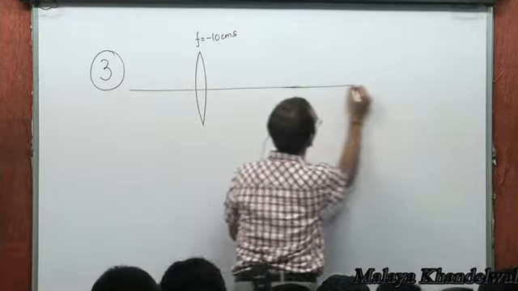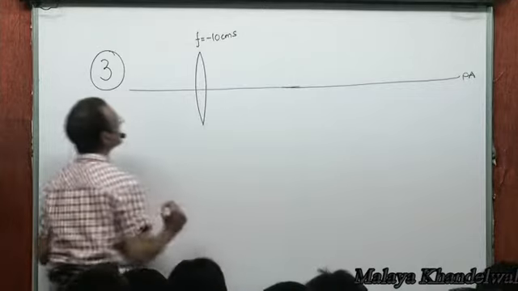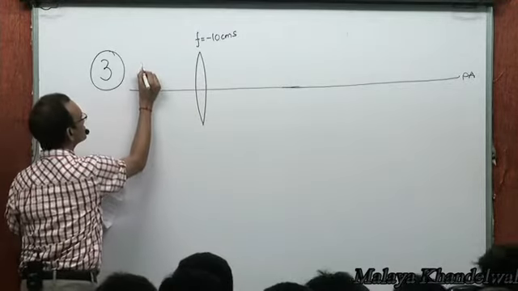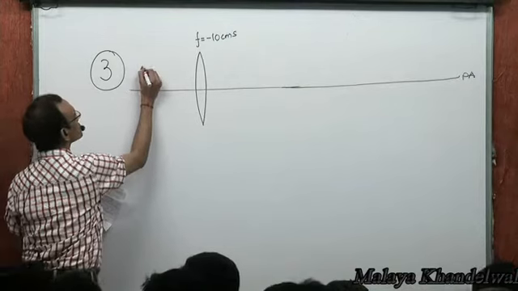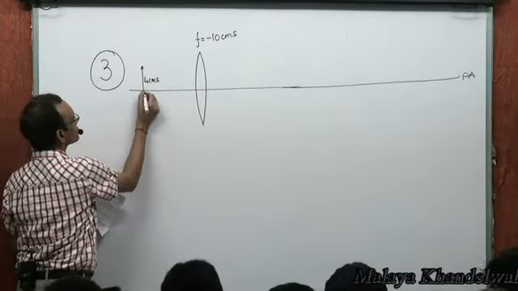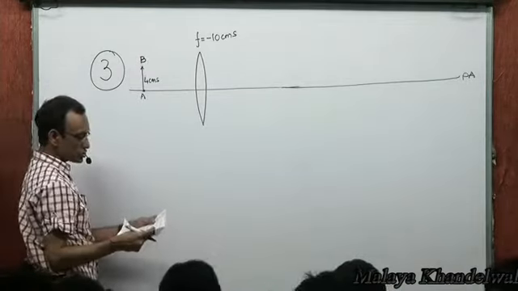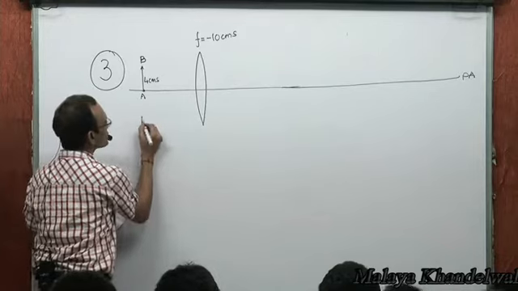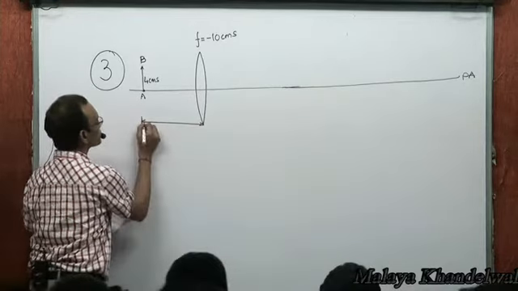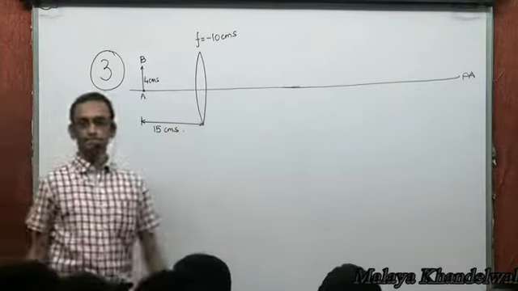This is the principal axis of the lens. There is an object of height 4 centimeters, AB, kept at a distance of 15 centimeters from the lens.